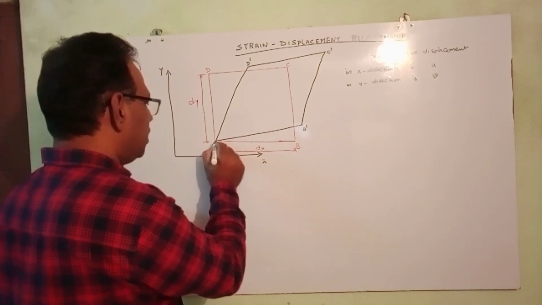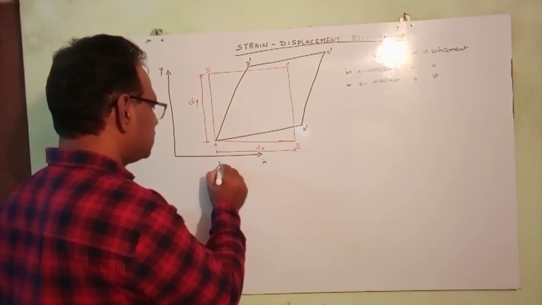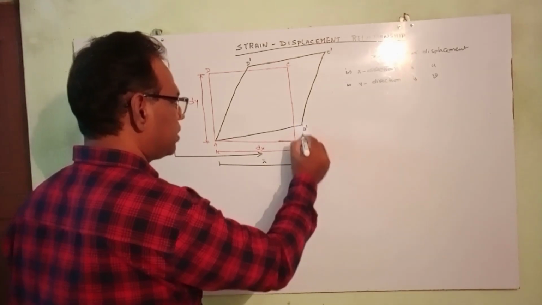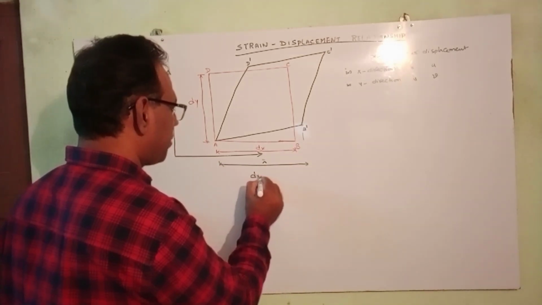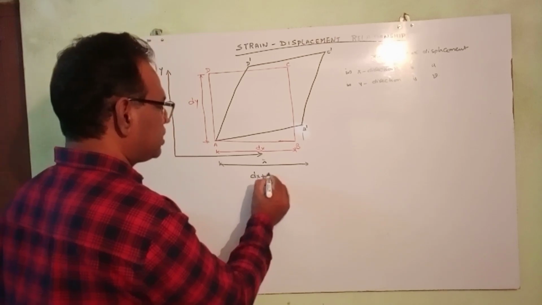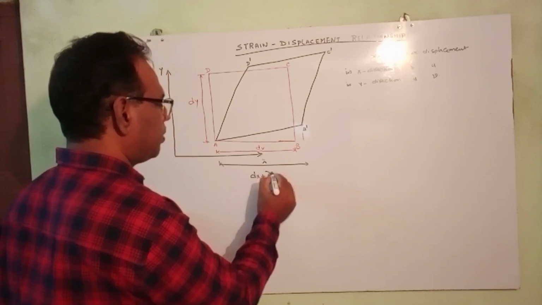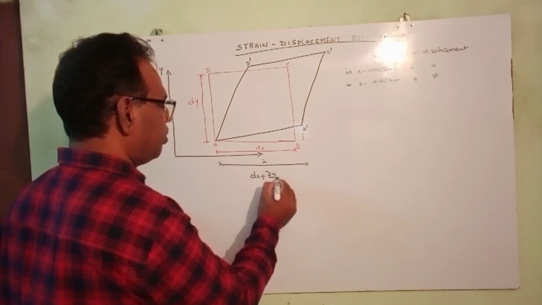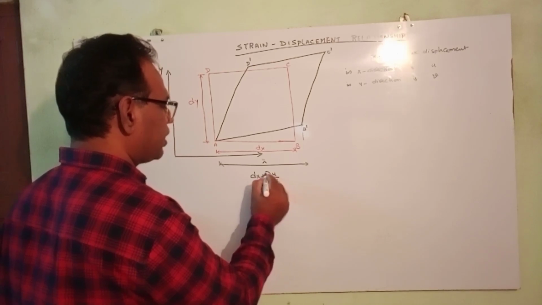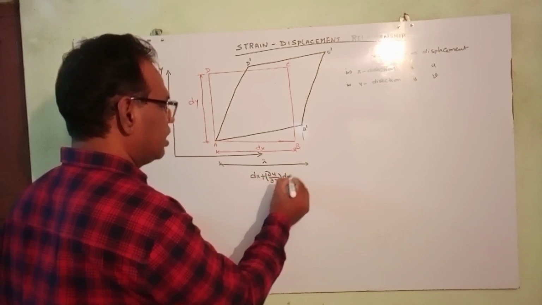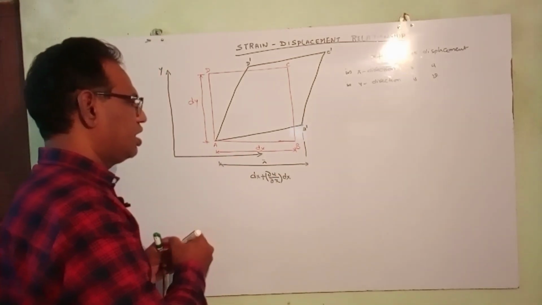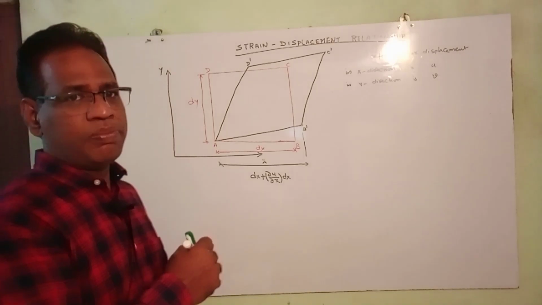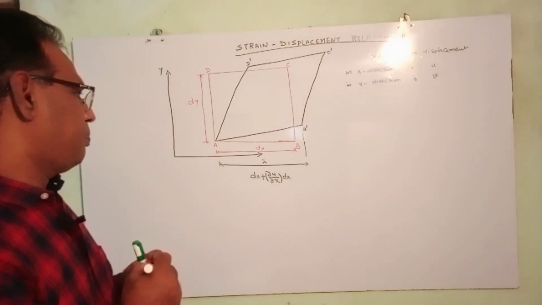So the length along the x axis may be dx plus the change in length, dou u by dou x for a small distance of dx. This is the elongation of the element length AB along the x-axis.